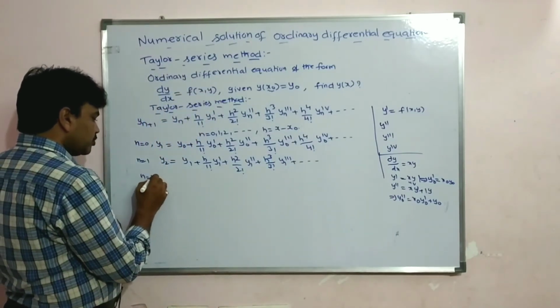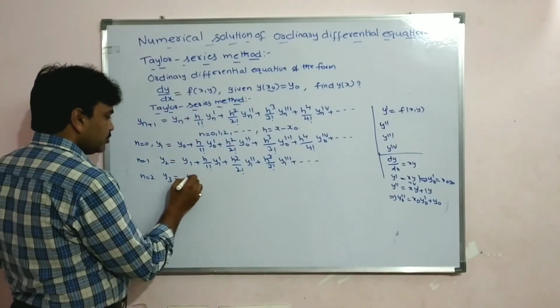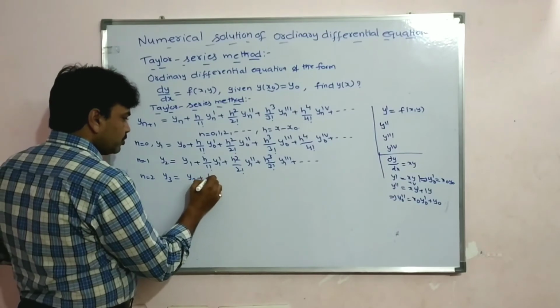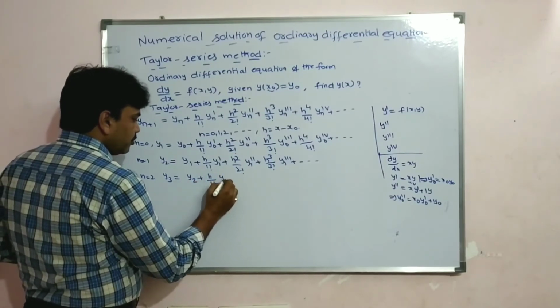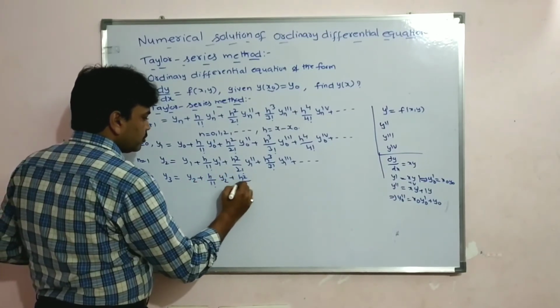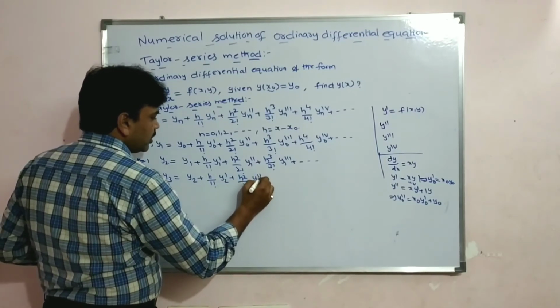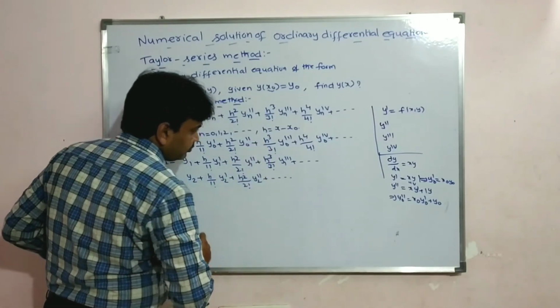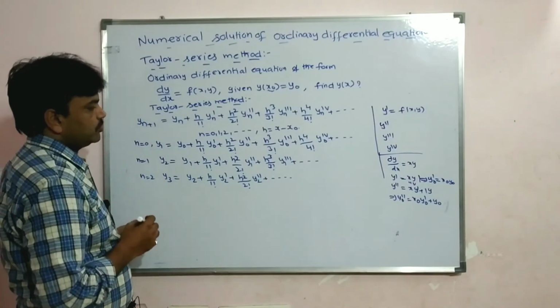Similarly, if n is equal to 2, y3 is equal to y2 plus h by 1 factorial into y2 dash plus h square by 2 factorial into y2 double dash plus and so on. This is the Taylor series method.